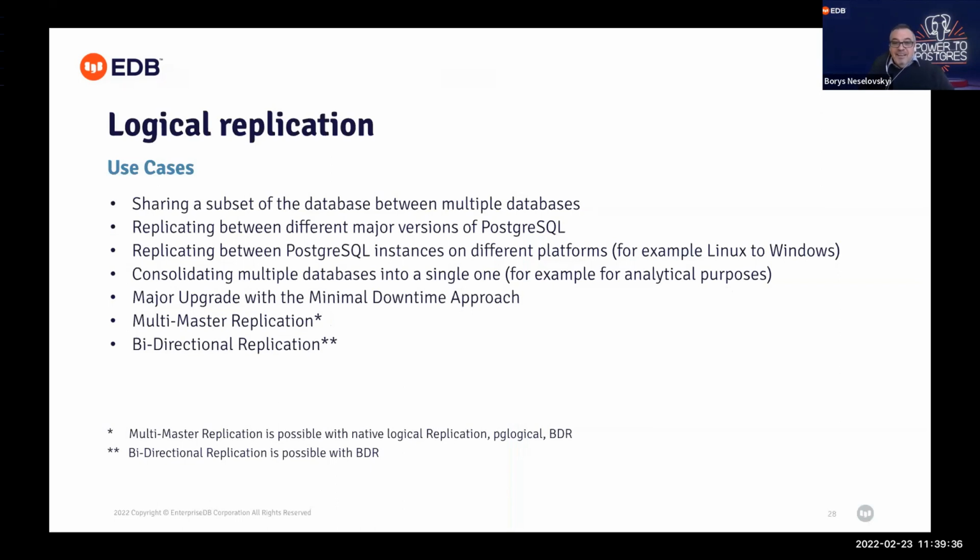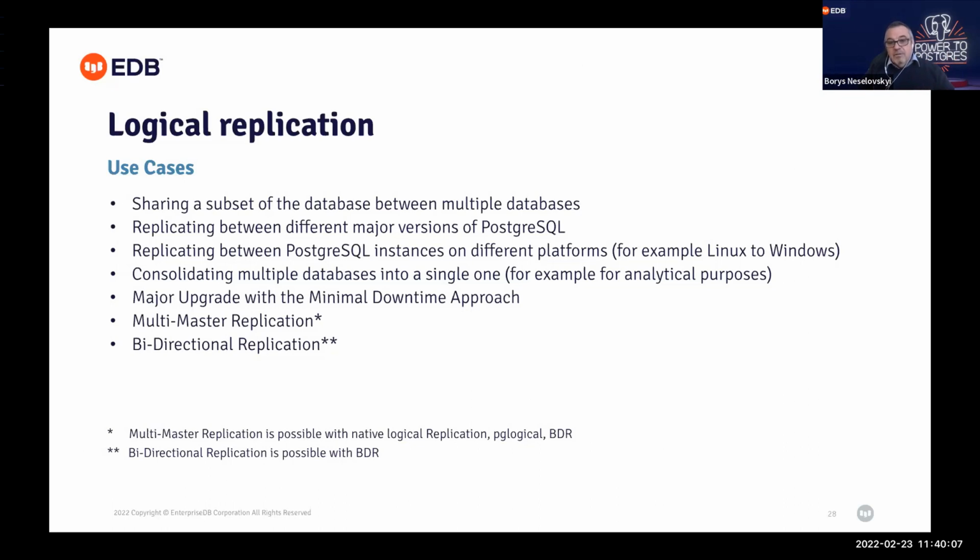Exactly. Logical replication is a good choice, for example, if you want to protect against human errors, because we replicate the data logically and not an exact copy of the master database with all its human errors, but a subset of the database.